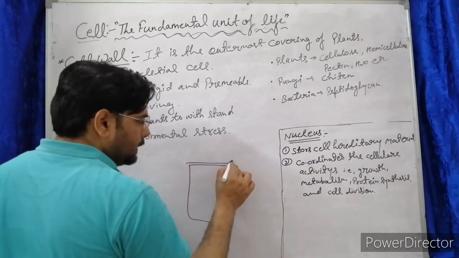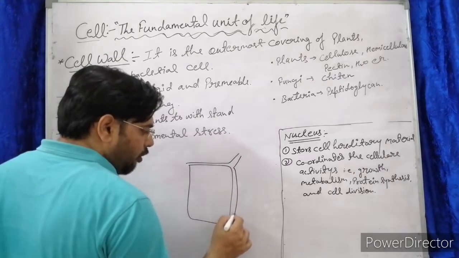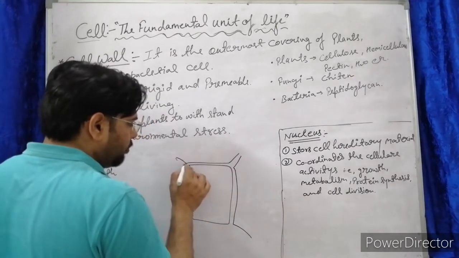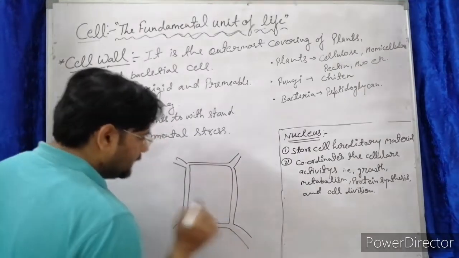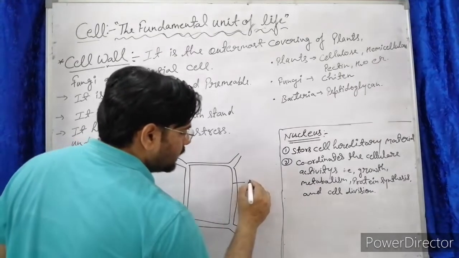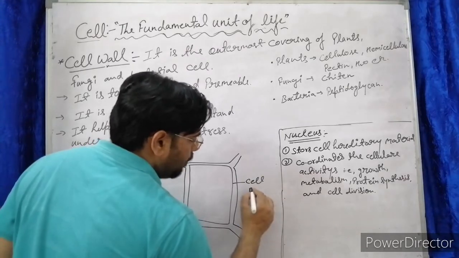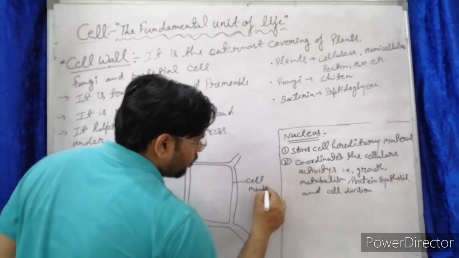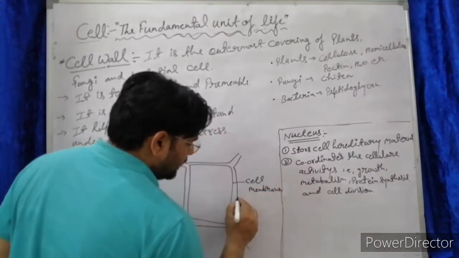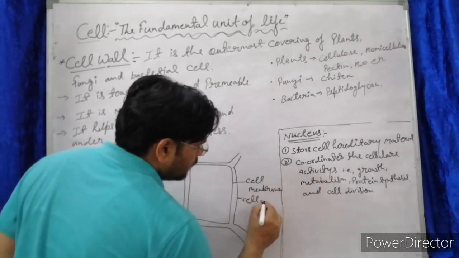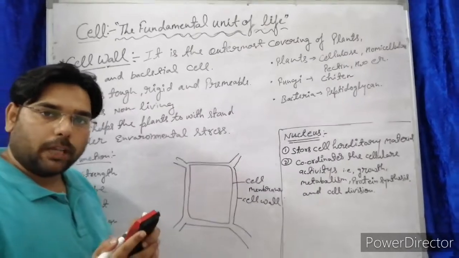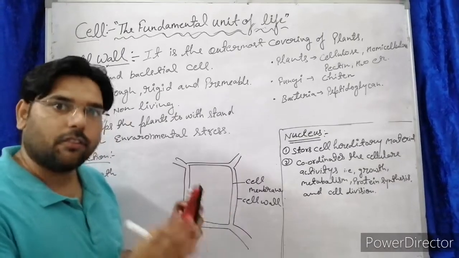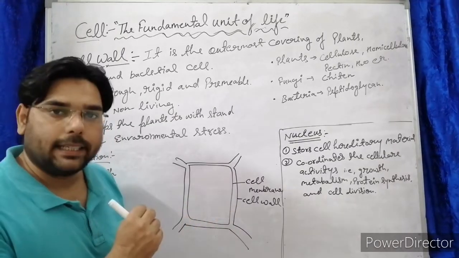The outer covering of the plant cell is known as the cell wall. Inside it, this is the cell membrane, and this is the cell wall. So cell wall is the outermost covering of plant, fungi and bacterial cells.